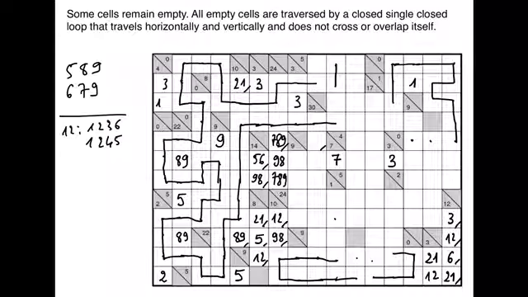There have to be 4 cells minimum here. So we only take 1 cell for the entrance and 1 cell for the exit. And they can only be here, because we can't exit here or there. So the exit will be here and the entrance will be here. Like this, like this, like this.